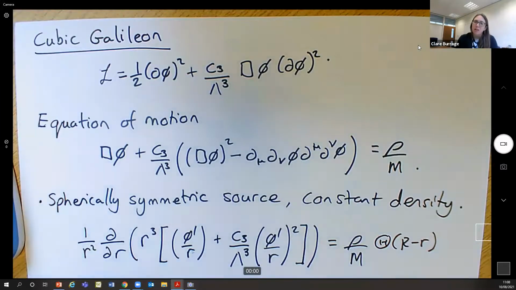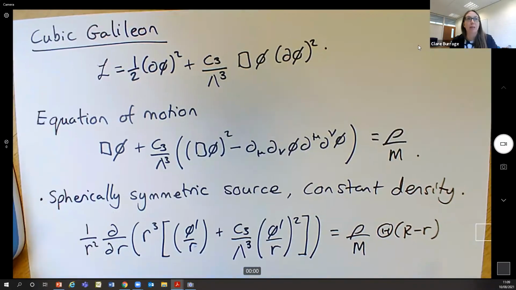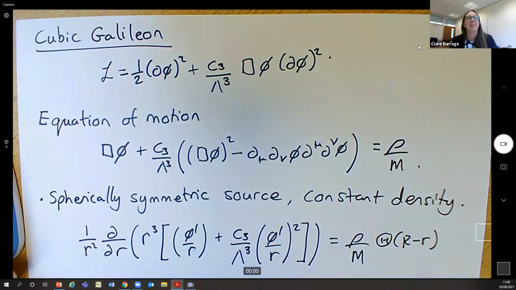But also because the example I gave you with the chameleon was an example where we had a quintessence type theory. So we got an acceleration of our universe because of the shape of the potential of our scalar field and the way it evolved. I want to give you an example here of a theory where the other alternative behavior that we talked about, a self-accelerating universe, can arise.